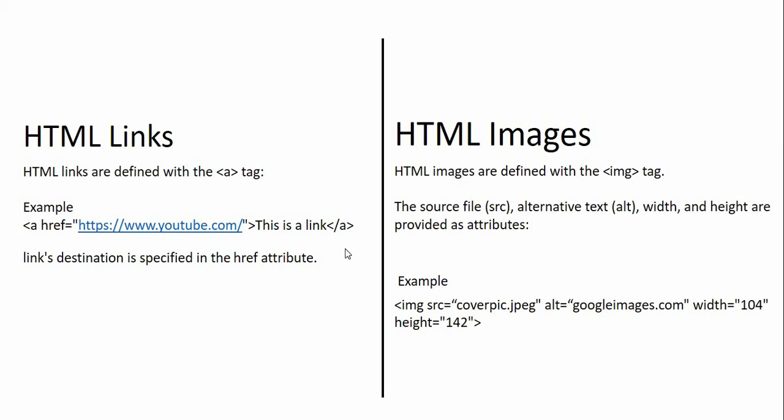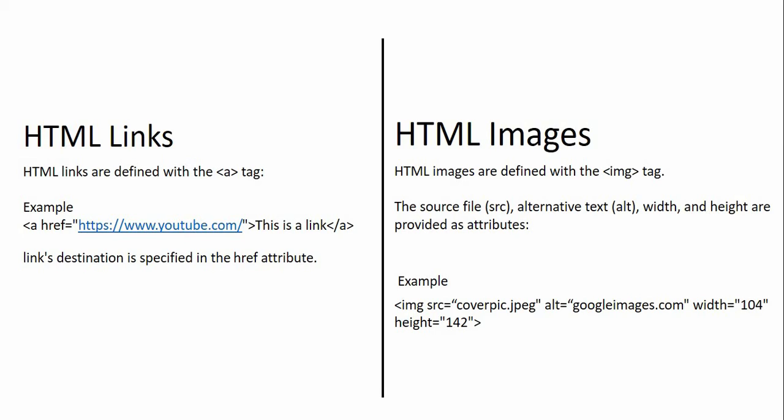So simply the link's destination is specified in the href attribute. The href attribute basically means that attributes are used to provide additional information about HTML elements.